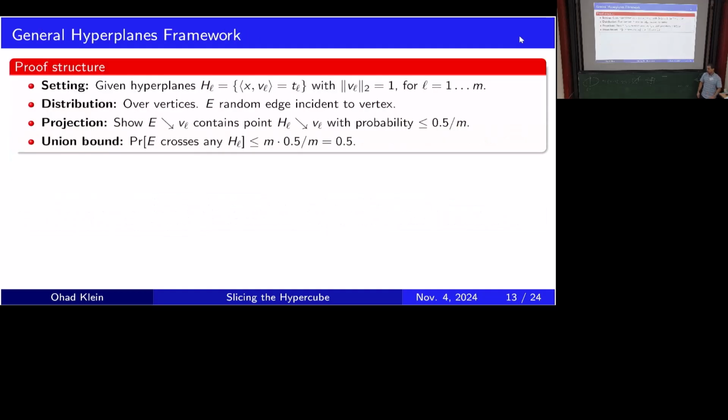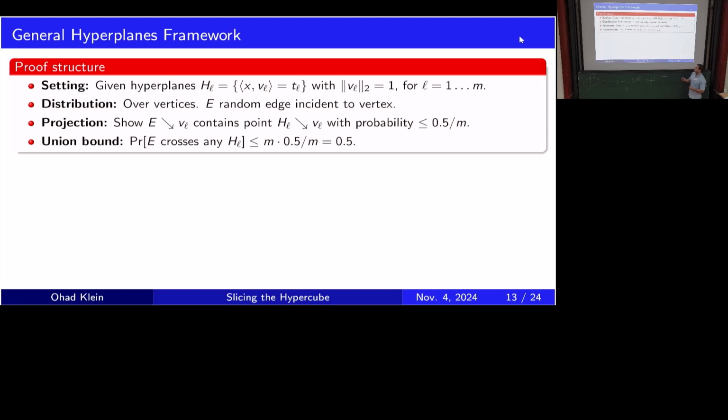Now let us go to the general case. Now we have m hyperplanes, and we normalize the normal vectors to have 2-norm equal to 1. What we are going to do in the proof is to give a distribution over vertices, and we are going to take a random edge that is incident to this random vertex.